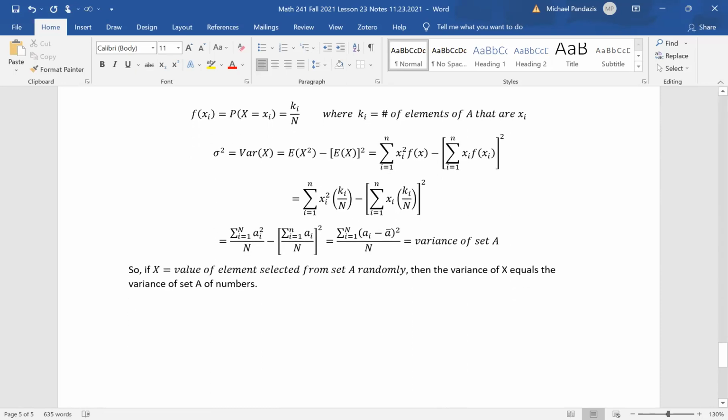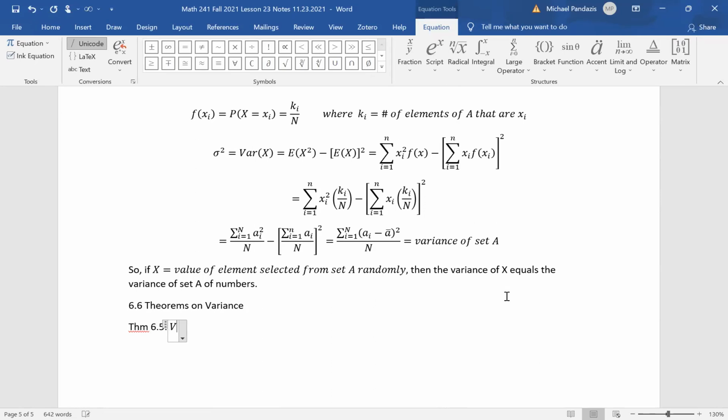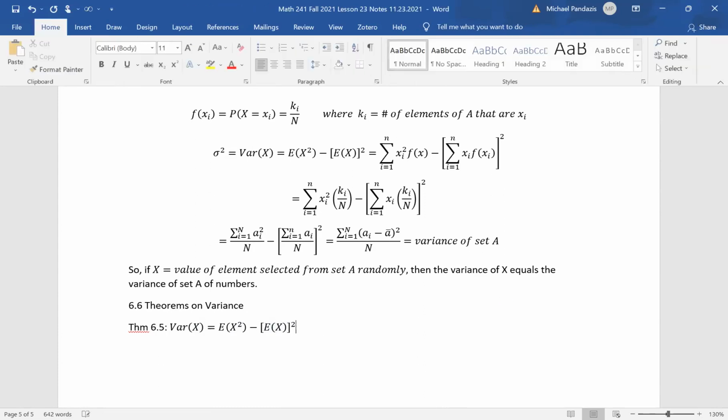Okay, so the next section is 6.6. That's on theorems on variance. So we have theorem 6.5, and it's the variance of X is equal to E of X squared minus E of X squared.